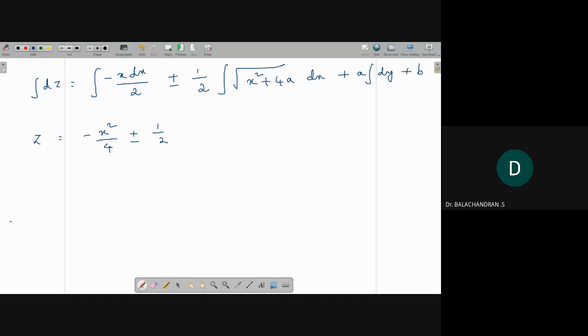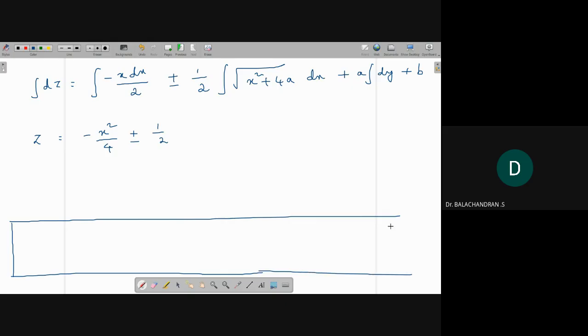Integration of root of x square plus a square dx is equal to x by 2 root of x square plus a square plus a square by 2 into sinh inverse of x by a.